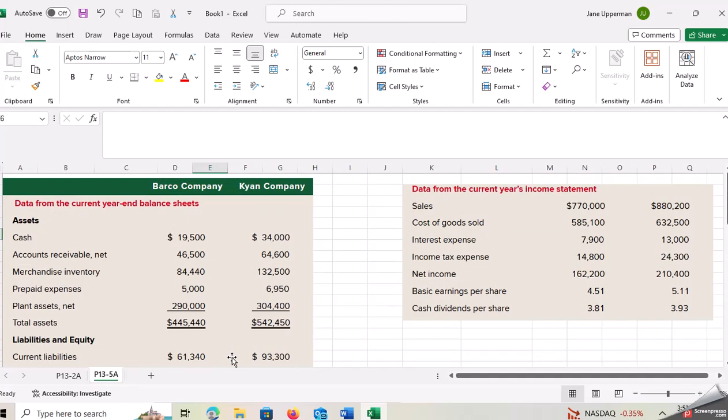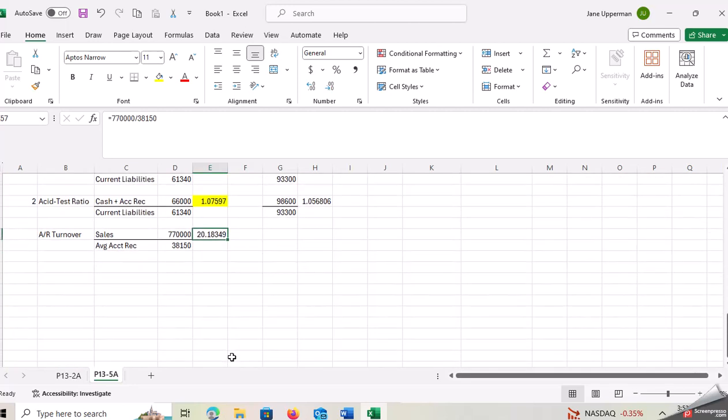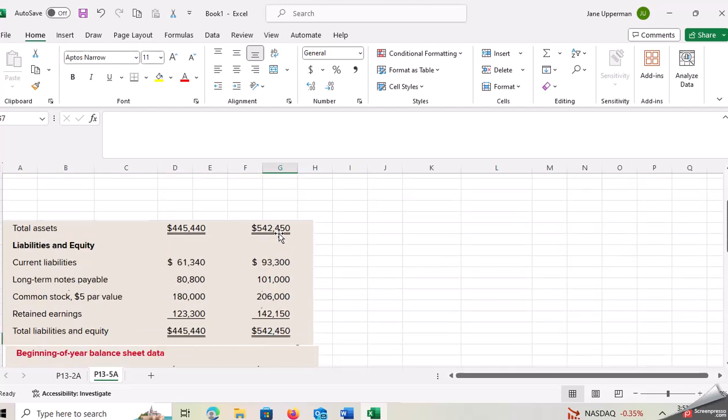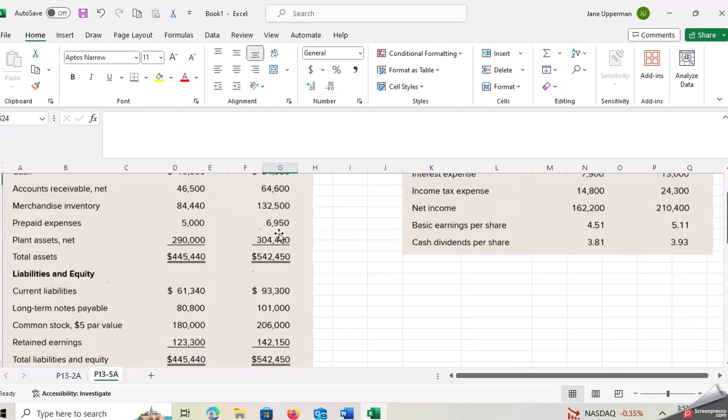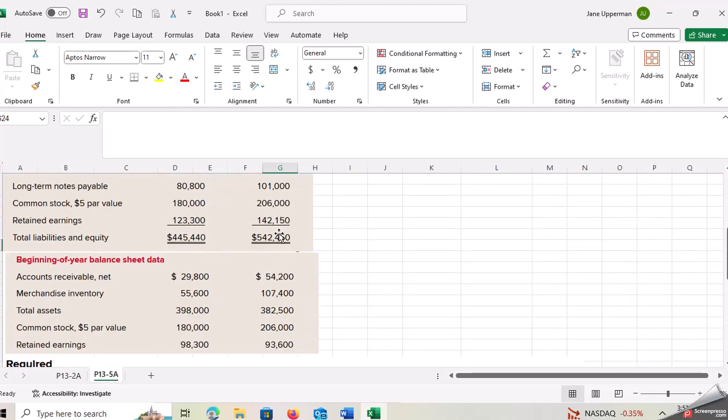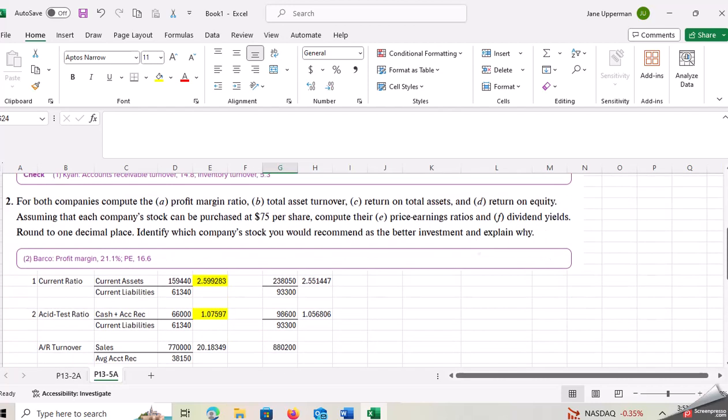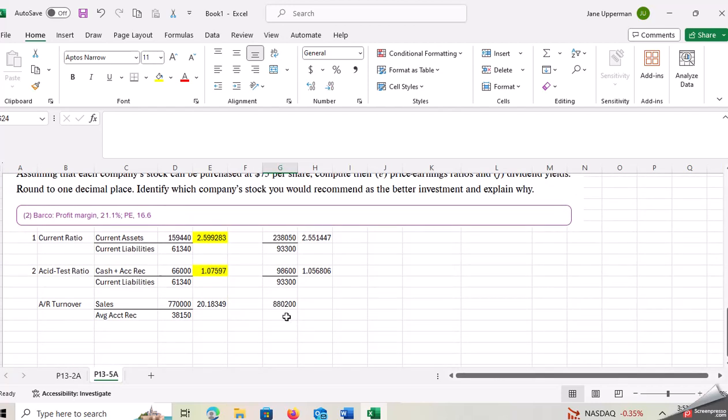So their sales are $880,200. And then their ending accounts receivable is 64,600, and their beginning accounts receivable is 54,200. So we'll come down to that cell and again use our parentheses.